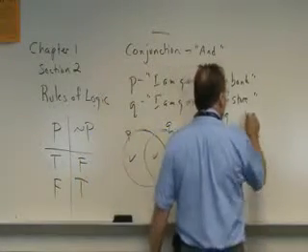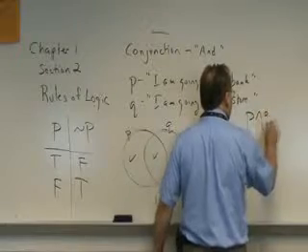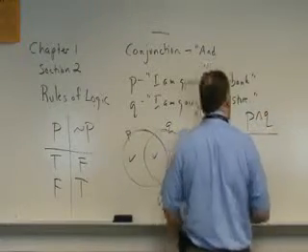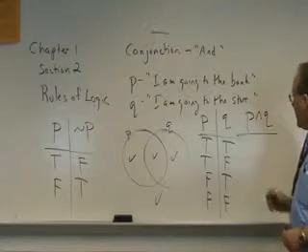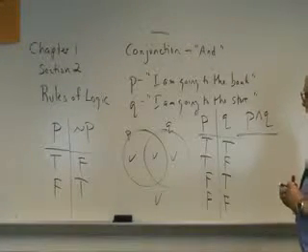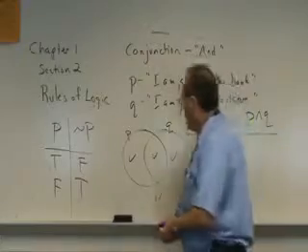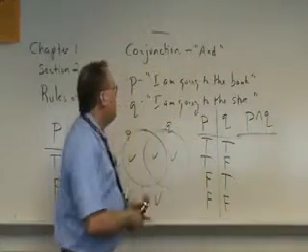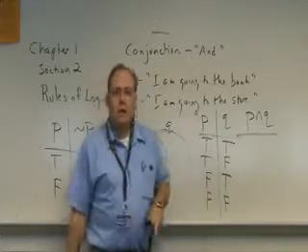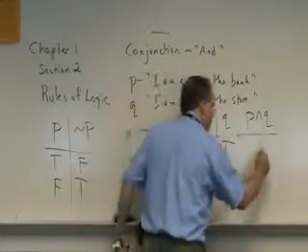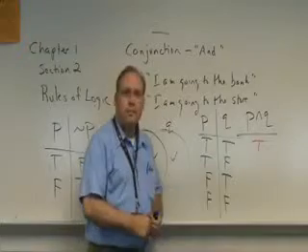And so when I take a look at P and Q, okay, here's my P and Q. Notice what's happening here. So I tell my wife, I'm going to the bank and I'm going to the store. So I go to the bank, I go to the store, I told the truth.